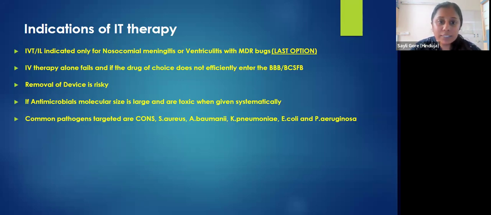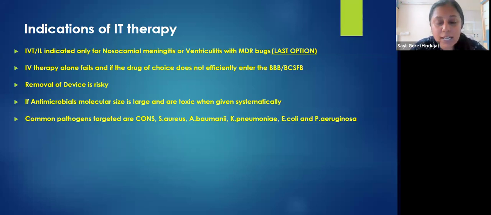Also, if systemic therapy, that is IV therapy alone, or the drug of choice fails to enter the blood-brain barrier, or there is a therapeutic failure upon repeated administration of higher intravenous doses, or if the antimicrobial's molecular size is very large, or if it is very toxic when given systemically, then you can give those therapies by the intraventricular route.